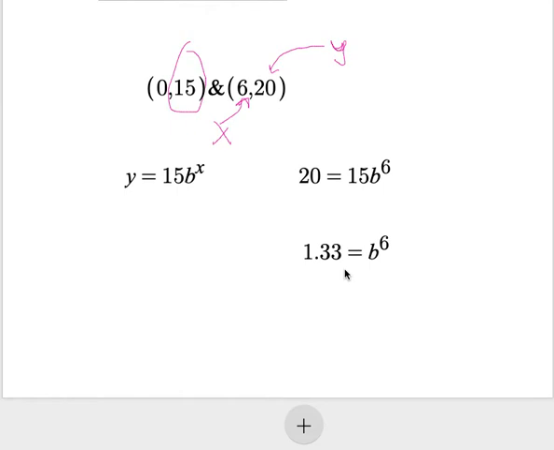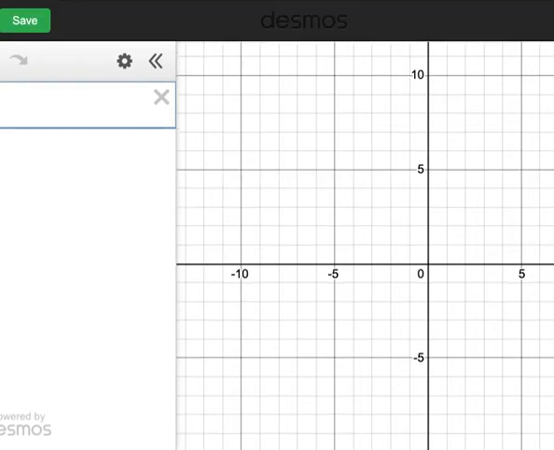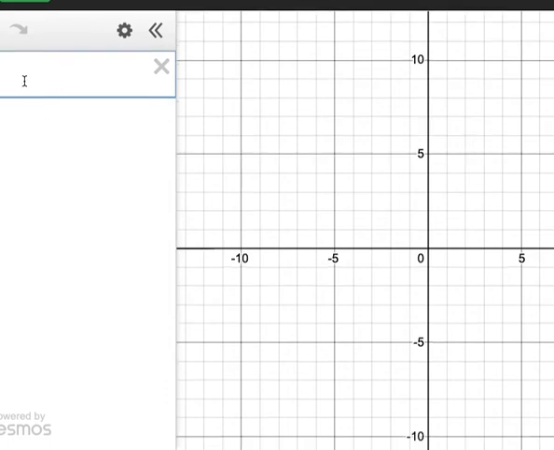So I'm going to go to Desmos. Here's Desmos. You're not able to quite see, let me see if I can move this over a little bit. It's a little bit hard to see on my screen. Okay, now you can see my cursor. At the bottom left corner, I'm going to click on my calculator.